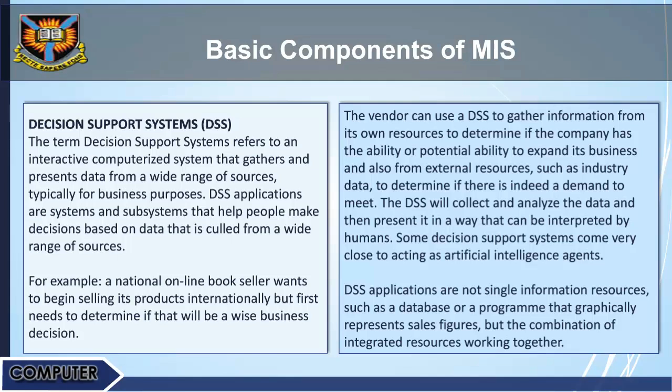The DSS will collect and analyze the data and then present it in a way that can be interpreted by humans. Some decision support systems come very close to acting as artificial intelligence agents. DSS applications are not single information resources, a database, or a program that graphically represents sales figures, but the combination of integrated resources working together.